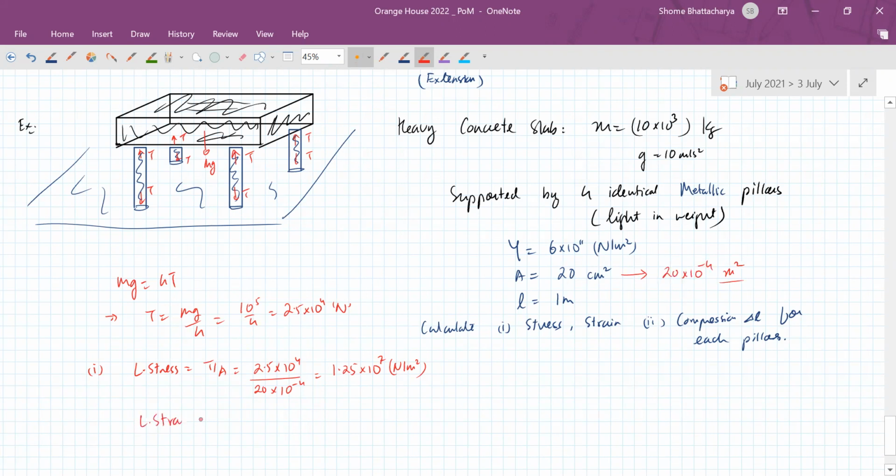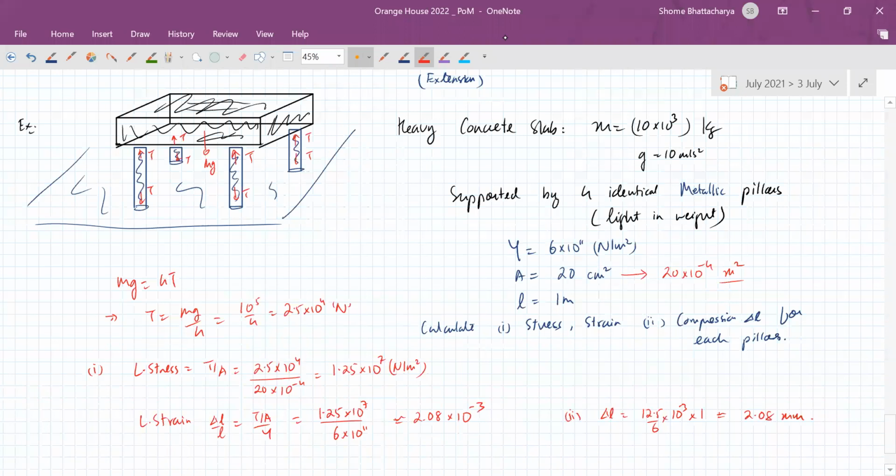So longitudinal strain, and from that we can find the compression. So there's this much compression in each of the rods.